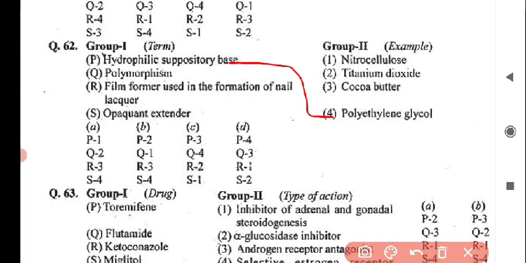For the second term, that is polymorphism, the correct answer is option number 3, cocoa butter. For the third term, film former used in the formulation of nail lacquer, the correct answer is option number 1, that is nitrocellulose. And the opaquant extender, the correct answer is option number 2, that is titanium dioxide. So the correct answer is option number D.